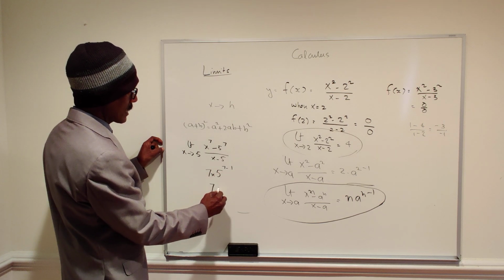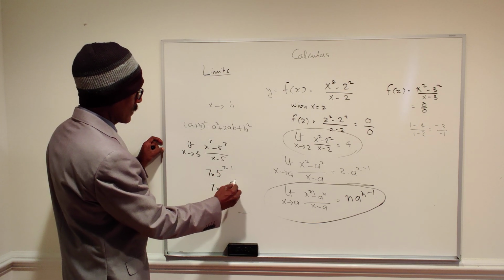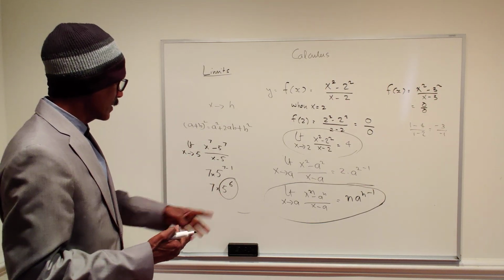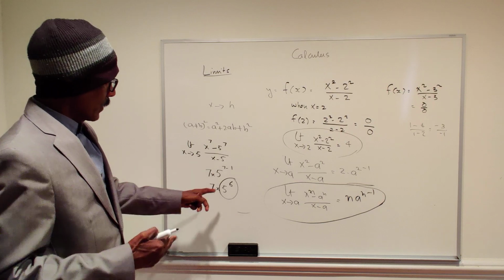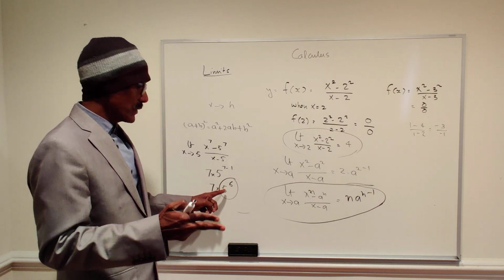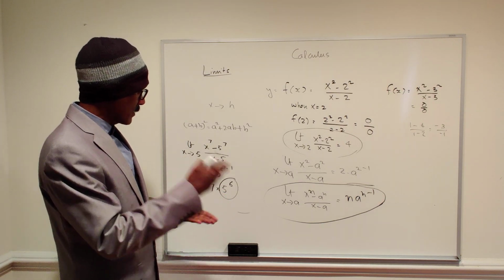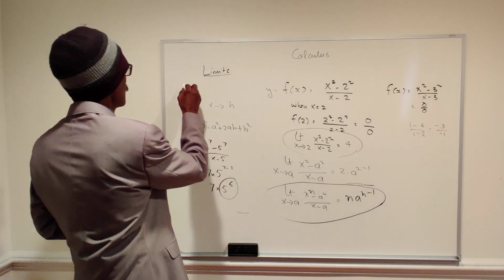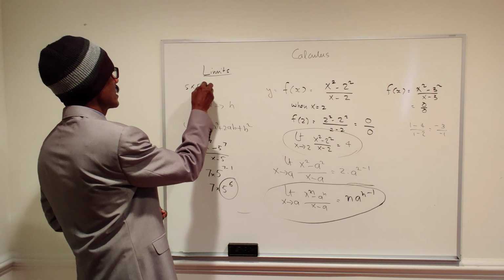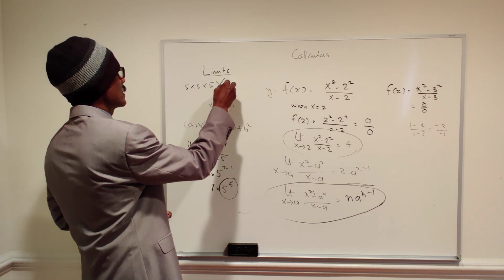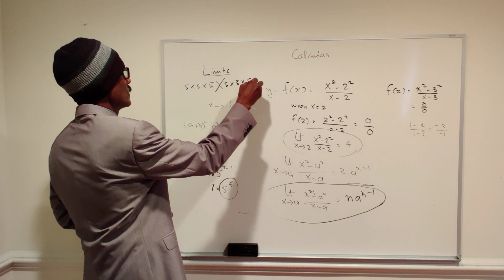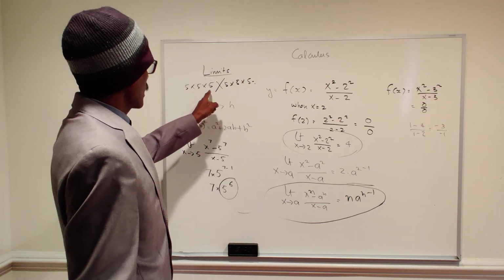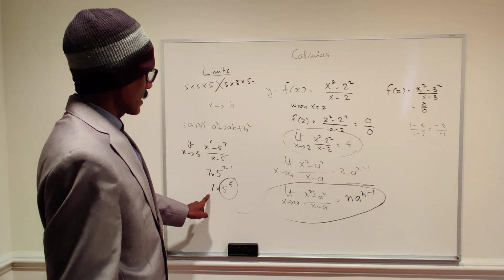That is 7 times 5 raised to 6. 5 raised to 2 is 25. 25 times 5 is 125. 6 times you need to multiply 5 times 5 times 5 times 5 times 5 times 5. This is 125, this is 125. So 125 times 125 times 7. That is the answer.